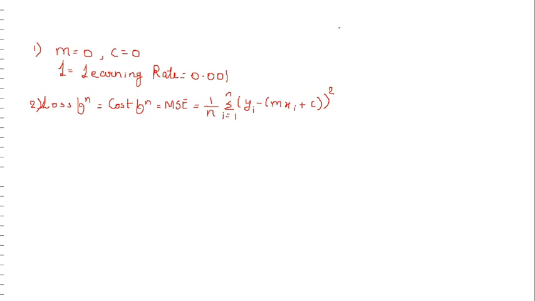Now why derivative? When I talk about the slope m, how shall I define m? M is nothing but change in y upon change in x. So when I talk about the derivative, I represent it as delta y upon delta x, that is, a small change in y upon a small change in x.